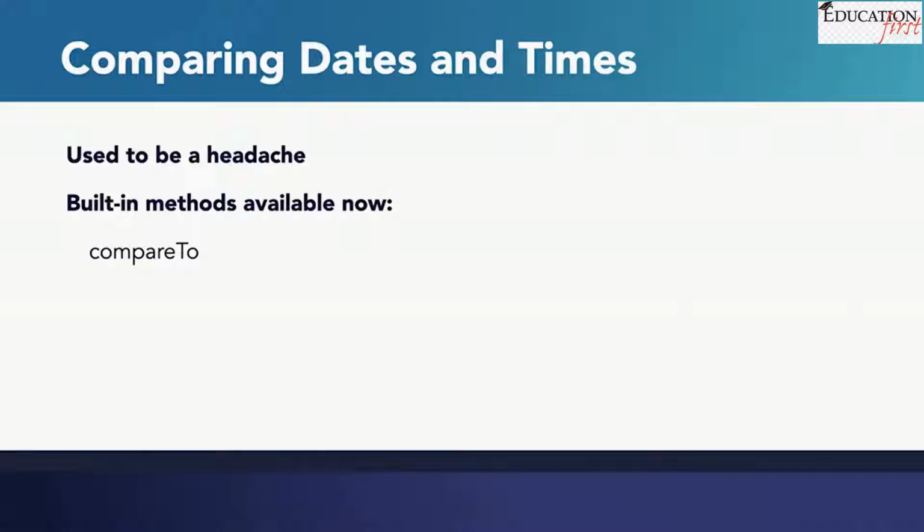The compareTo, that can be used to compare the Java time object to another one. The isAfter, isBefore, and isEqual. You may be able to guess what they're doing. We can call them on an instance and compare them to another date or time, or LocalDateTime for that matter. Let's see them in action.